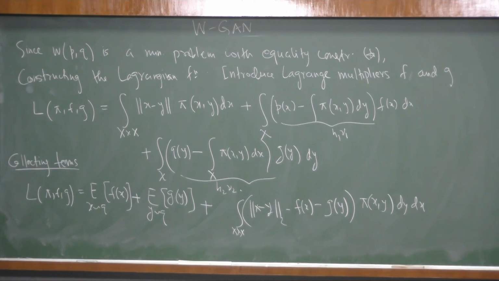So we have done this simple algebra to rearrange things. Our original goal is to have W, and W was an infimum problem with some equality constraint, and we changed it to a Lagrangian. We know that the next step after this is to infimize the Lagrangian and take a supremum over that, right?